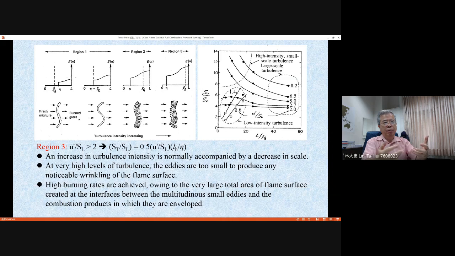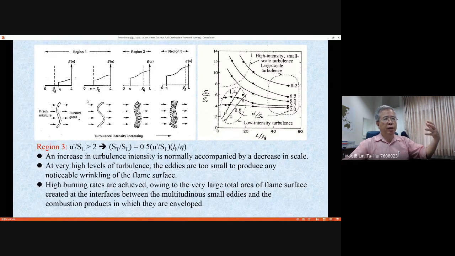The products can preheat the eddies coming from the upstream, including the fuel and the air or the mixing of the mixtures, and those kinds of interactions will increase your burning intensity.